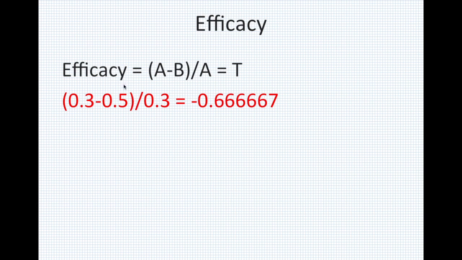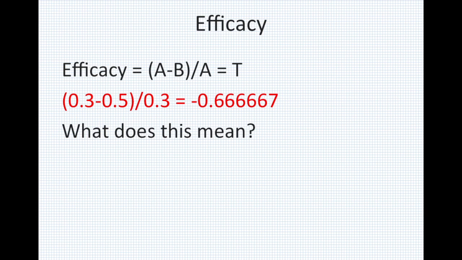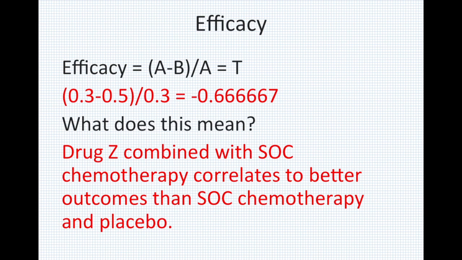This means that the efficacy would be the rate of positive response in the control group minus the rate of positive response in the treatment group divided by the rate of positive response in the control group. This is a negative number, which means drug Z combined with standard of care chemotherapy correlates to better outcomes than standard of care chemotherapy and placebo.